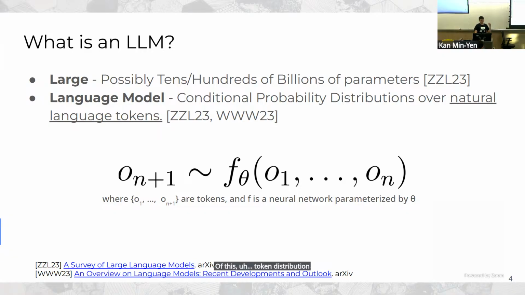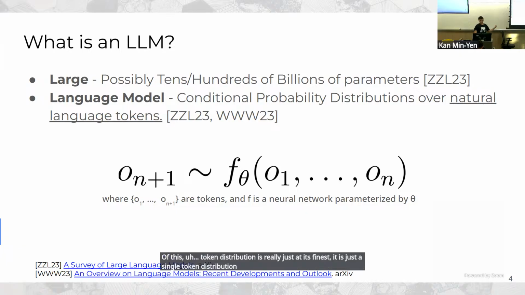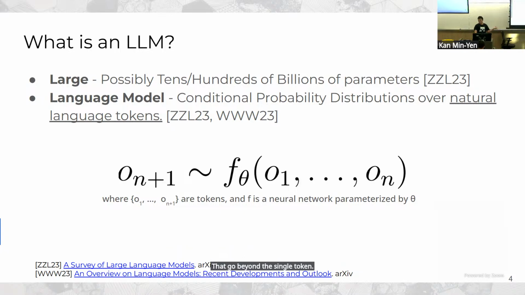At its finest, it is just a single token distribution. There are sampling methods that go beyond the single token, but the most fundamental language models operate on a probability distribution of the next token. So that kind of explains the formula there.